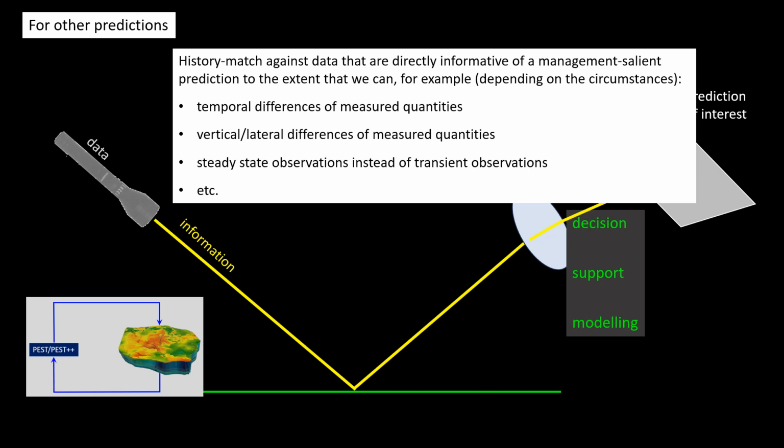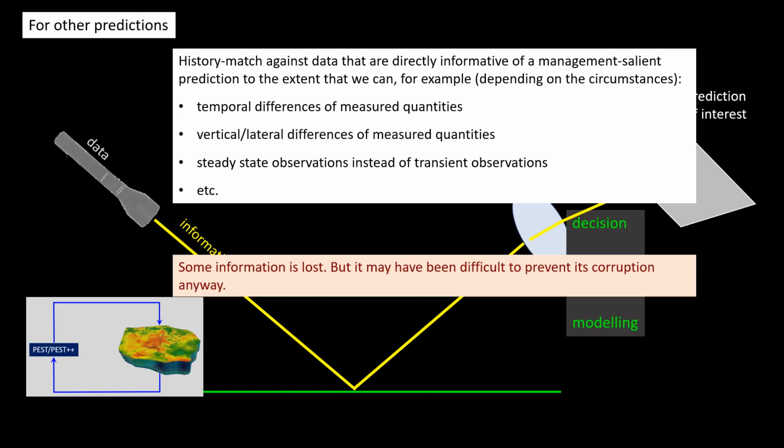There may be other circumstances where we want to predict, for example, the final equilibrium state of a system. In that case, perhaps we want to accentuate steady state observations because they're most rich in information pertaining to equilibrium states, the properties of the model that transmit water. So, some information may be lost by formulating an objective function that just accentuates certain parts of system behavior over another.